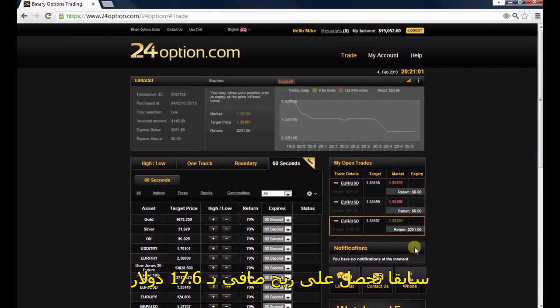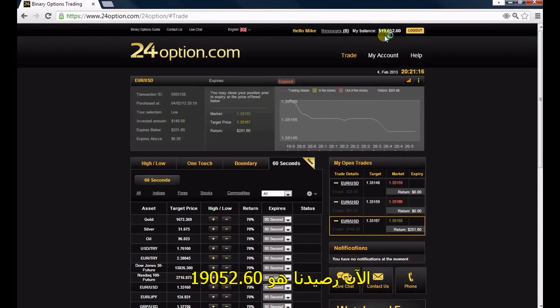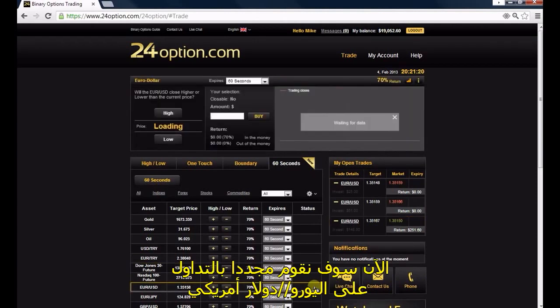Okay, we won that trade, $251.60. We made back what we previously lost in the previous trades of $61 and $25, and now we've boosted our balance to $19,052.60.